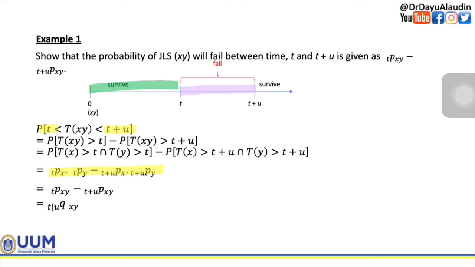And then after we simplify, we can use the equation tPxy minus t plus u Pxy. We can also write this situation in terms of probability of death, or qxy, so we use this notation.